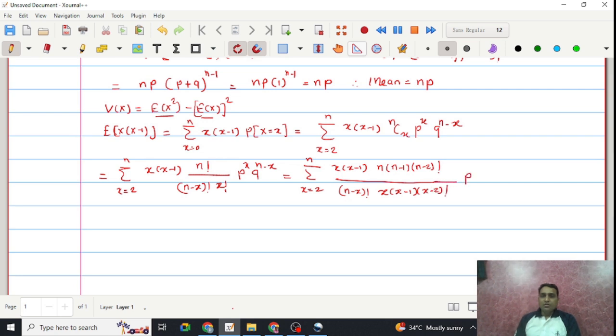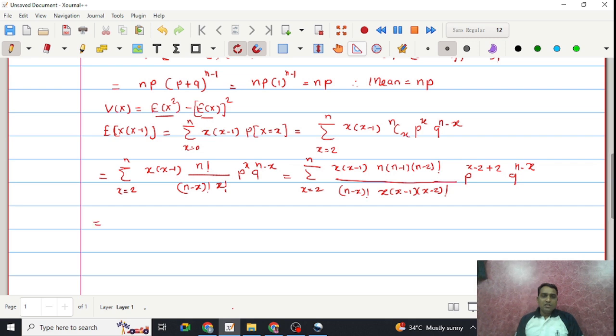Then p raised to x minus 2 plus 2, and q raised to n minus x as it is. So this x into (x minus 1) gets cancelled.